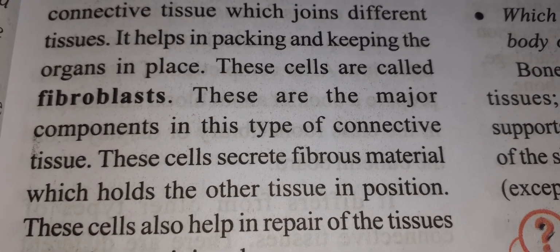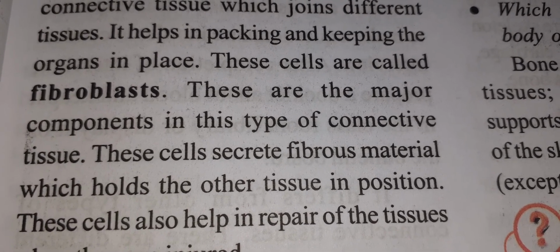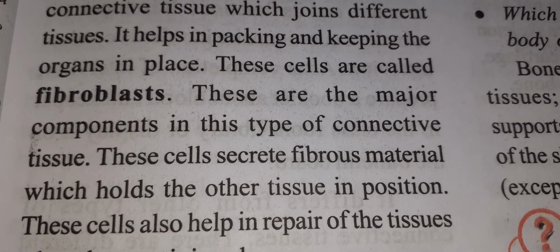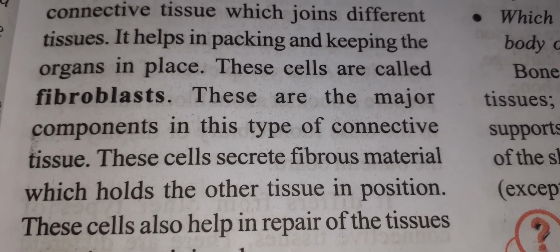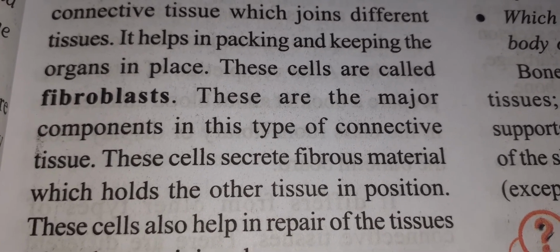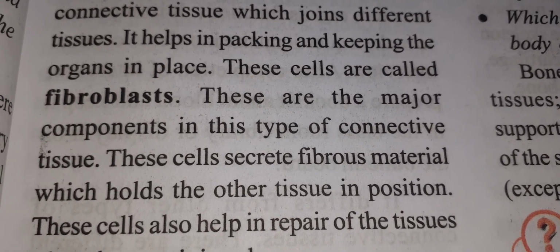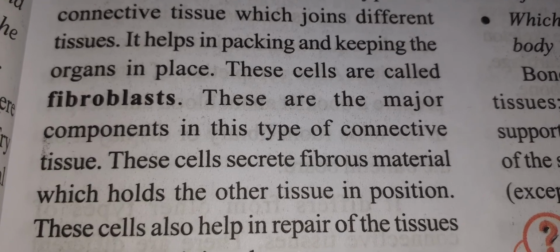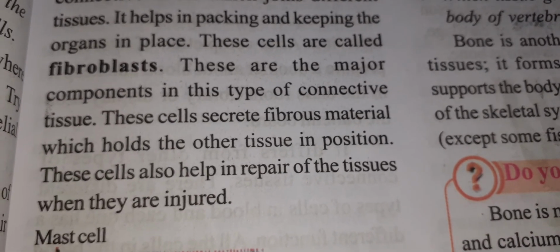These cells secrete fibrous materials which hold the other tissue in position. So fibroblasts secrete some fibrous materials, which help other tissue remain in position. These cells also help in repairing of tissues.